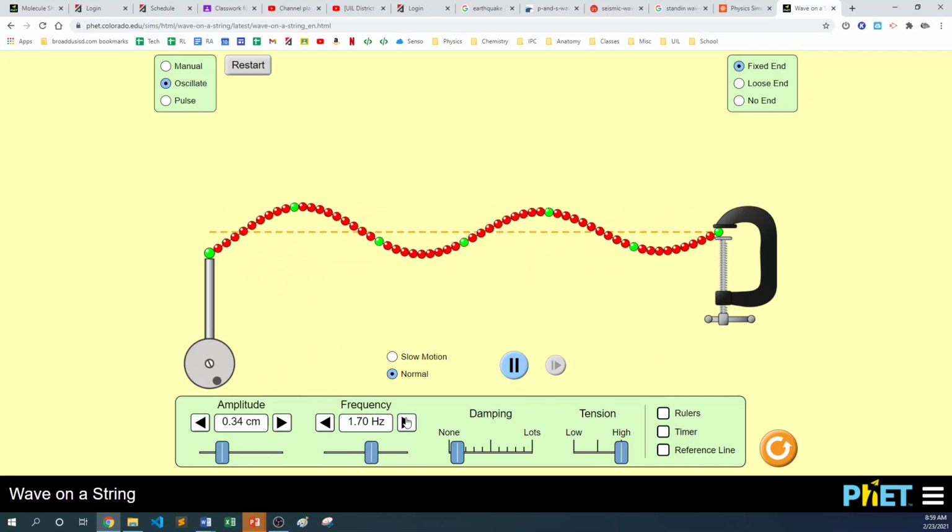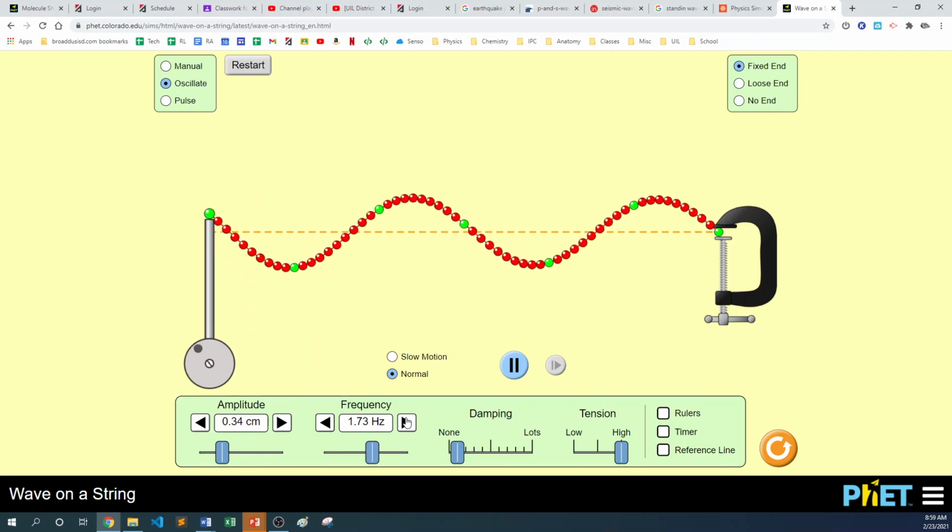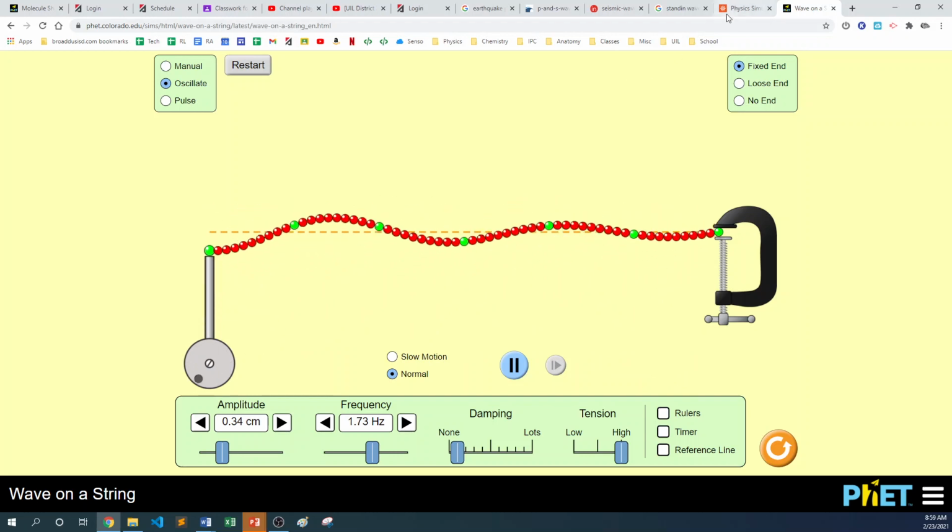This is not a good simulation. Let's see if I can find a better one.